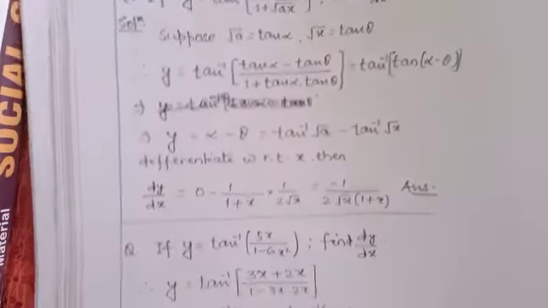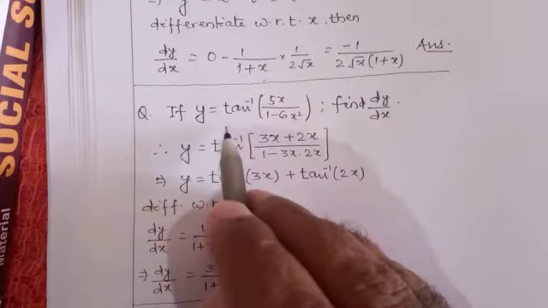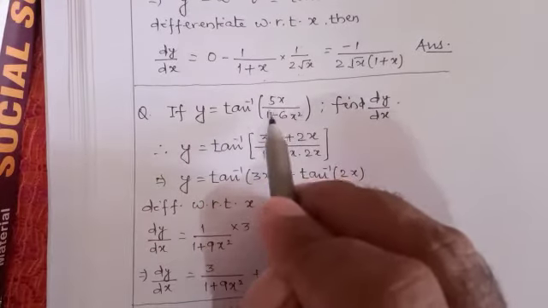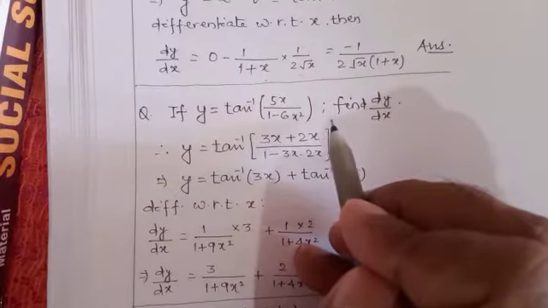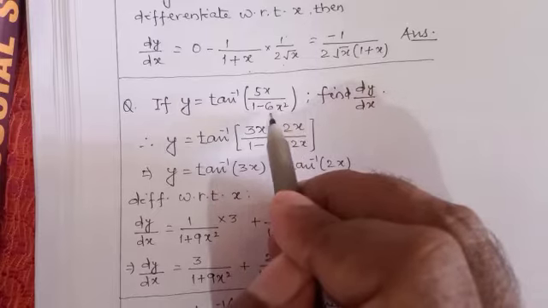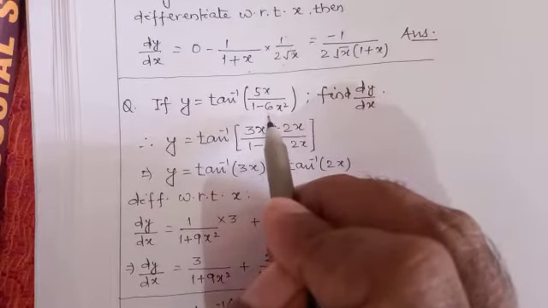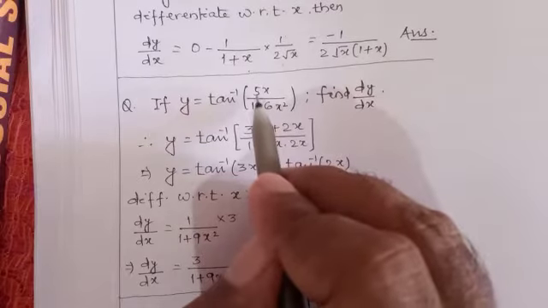See another question. If y is equal to tan inverse 5x by 1 minus 6x square, then find dy by dx. See here, 6 has two factors, 2 and 3, whose sum is 5.